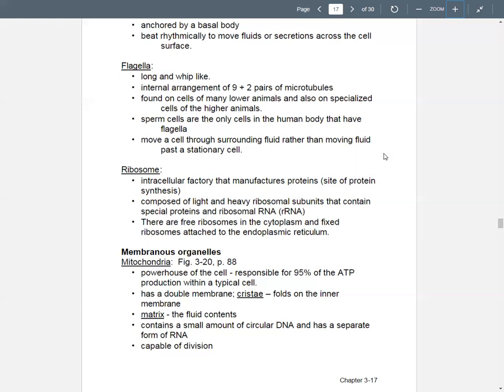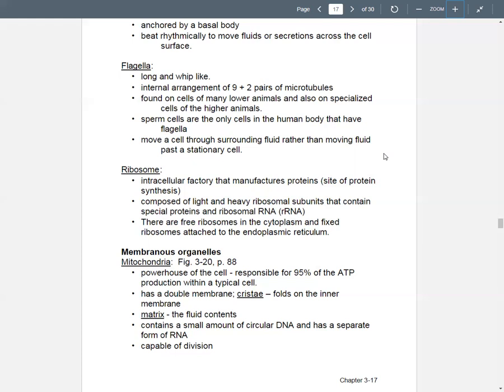Ribosomal RNA is made inside the nucleolus. Maybe we haven't covered it yet, but it's made in the nucleolus, leaves the nucleus through the nuclear pore, and is able to make proteins in the cytoplasm.